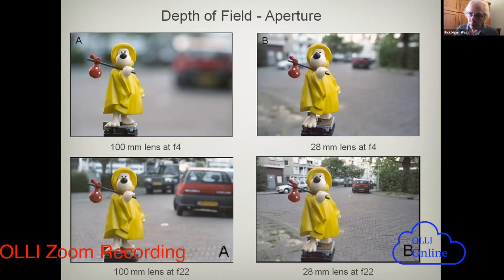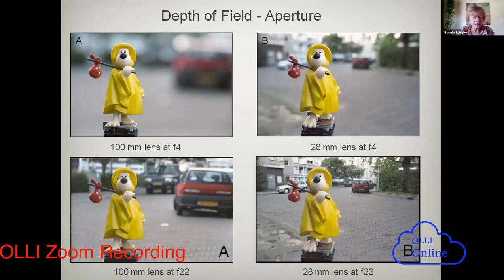With the larger f number, smaller lens opening, F22, even though the car is significantly further away than the hobo from the camera, the car is still kind of sort of in focus. Not nearly as sharp as the hobo, but far more in focus than in the F4 picture above. Everybody willing to accept that? Yep. Yeah. Okay.